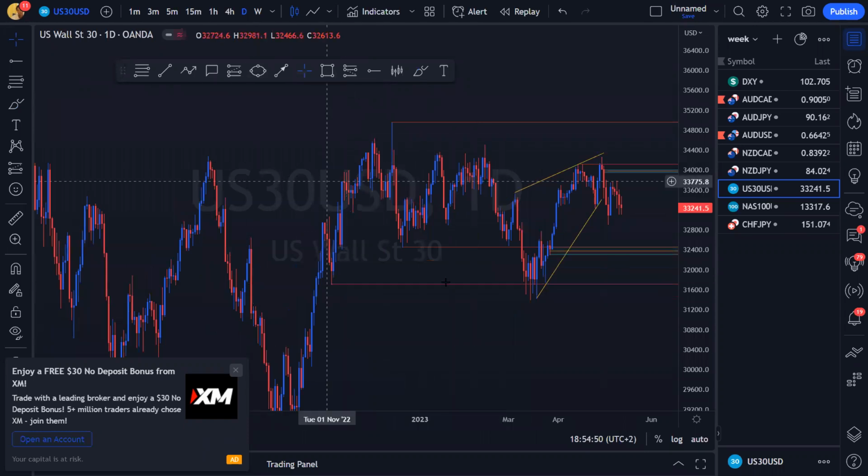But anyway, US30. If you remember, we said NASDAQ is our contingency for buys and US30 is the contingency for sells. Now I'm going to say let's throw away those contingencies from last week.